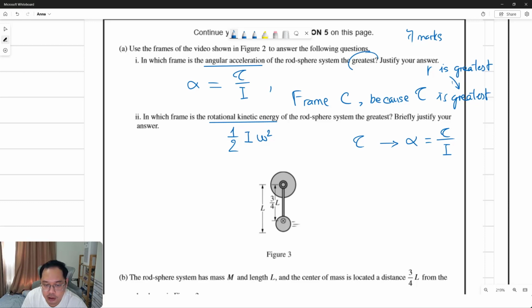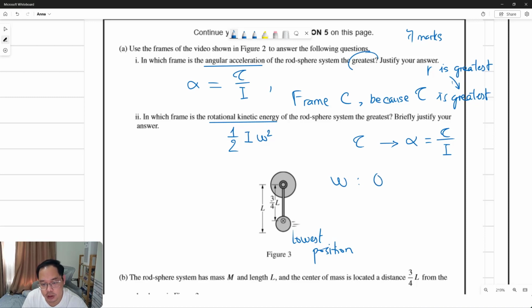Okay, therefore in the last frame, because the last frame is when the sphere is at the bottom, meaning the lowest position, the time for the rotation from the top position of the sphere to the bottom is the longest time, and therefore we have longer time for the speed to increase from 0.